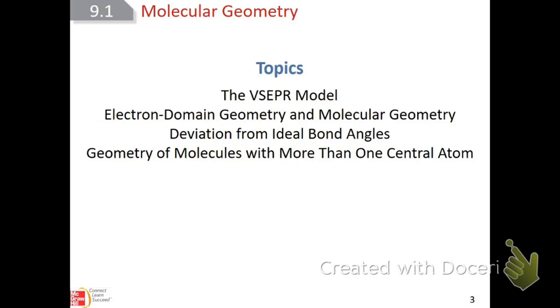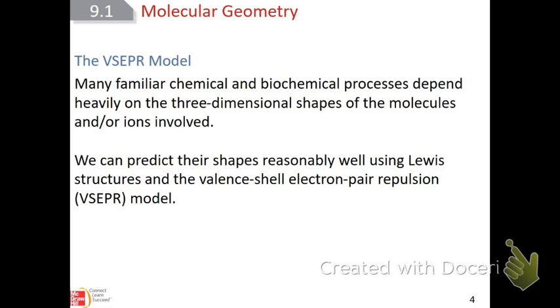Let's talk about first, what does VSEPR mean? VSEPR stands for the valence shell electron pair repulsion model. Valence shell, so that's your outside energy level, electron pair repulsion.